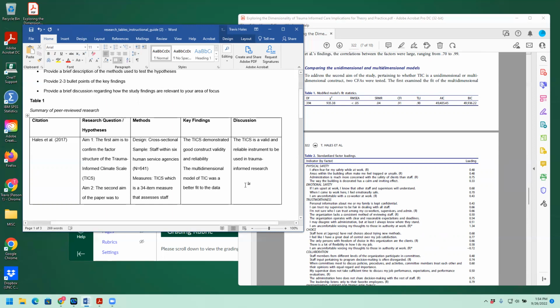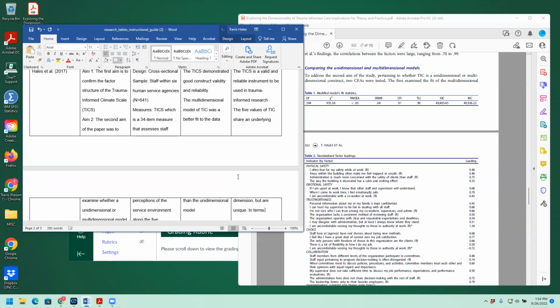A second key finding in the discussion is that the five values of trauma-informed care share an underlying dimension, but are unique.